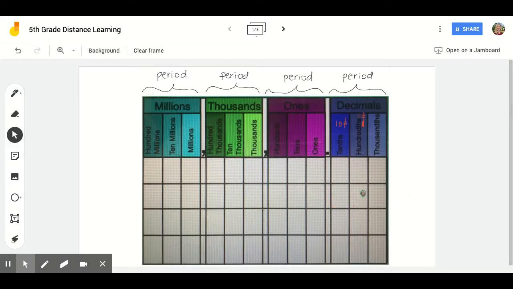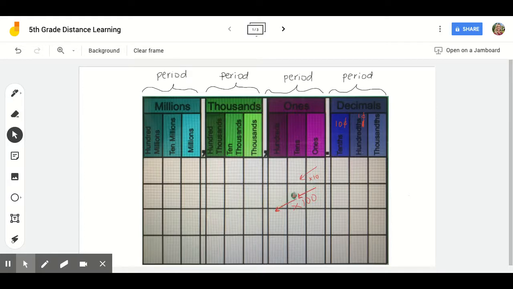When you move 1 place to the left, it's times 10. When you move 2 places to the left, it's times 100, otherwise known as 10 times 10. You can see that here, or 10 to the second power.